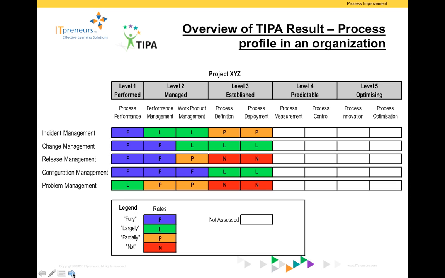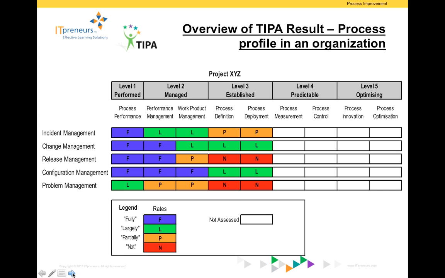I would say about 75% of the logic behind the methodology is exactly the same as TIPA because it uses the same standard. That makes it a lot easier for organizations that provide services to use them both. The difference would lie at the first level, where in the COBIT methodology we assess the level of the processes based on the COBIT descriptions of the processes that are part of that method. So there are great advantages to using methods like this that are based on an ISO standard agreed globally around the planet.